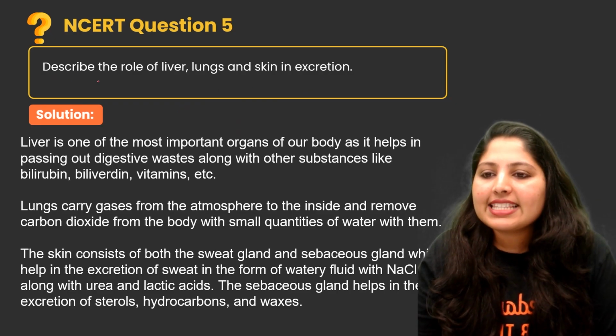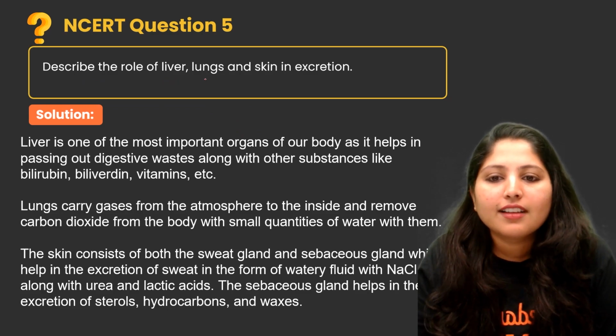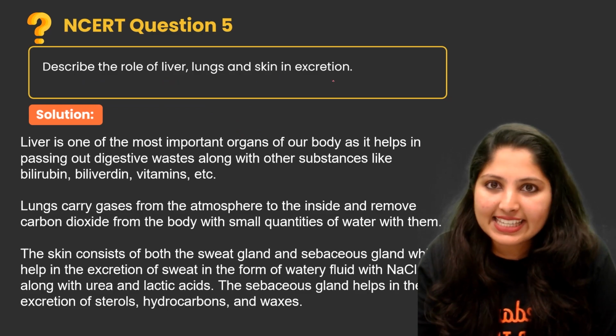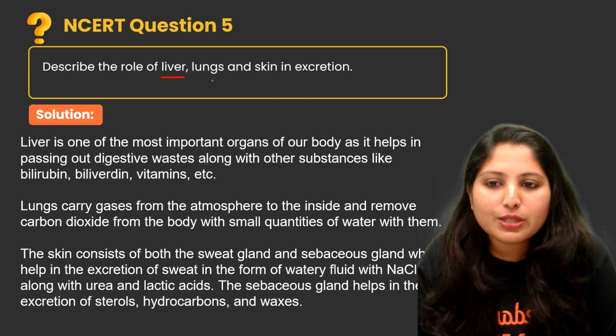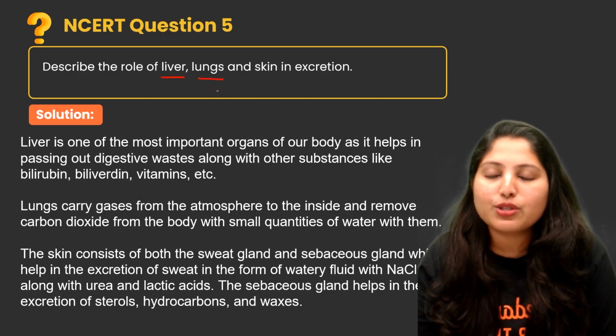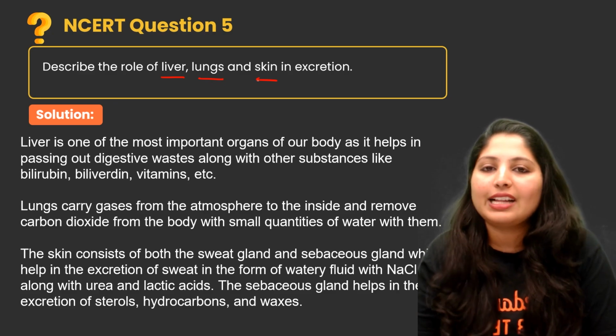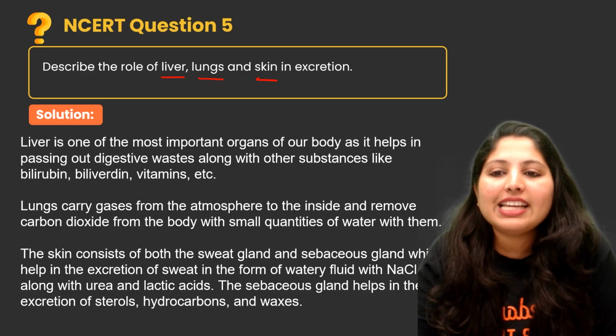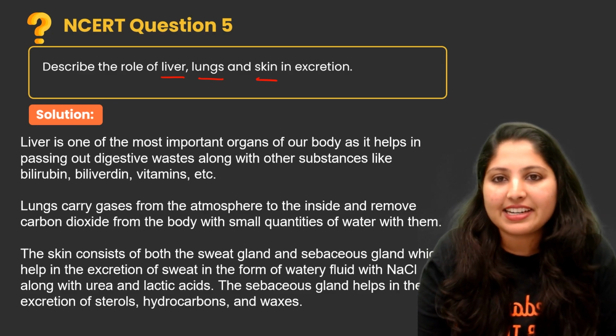Clear, right? Describe the role of liver, lung and skin in excretion. So the liver helps in excretion, lungs also help in excretion, skin also helps in excretion. How are these organs helping in excretion? Let's see.